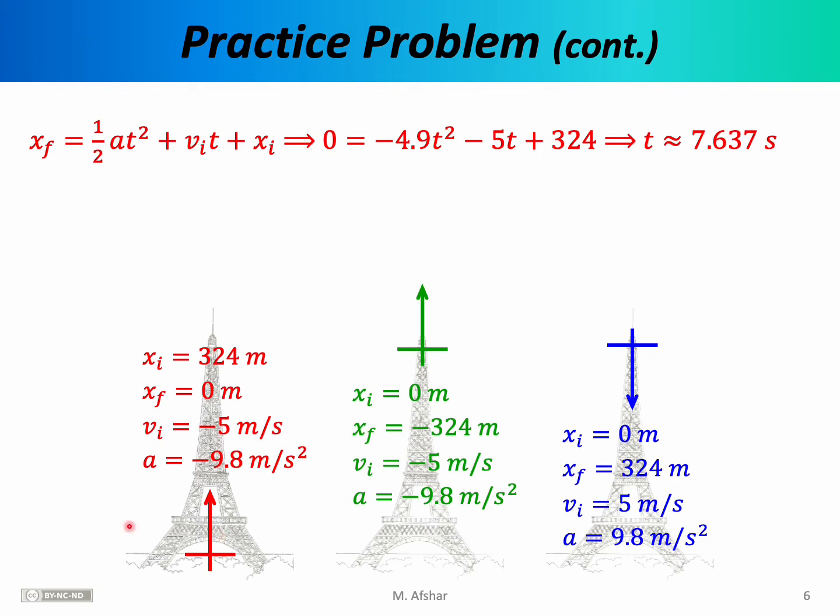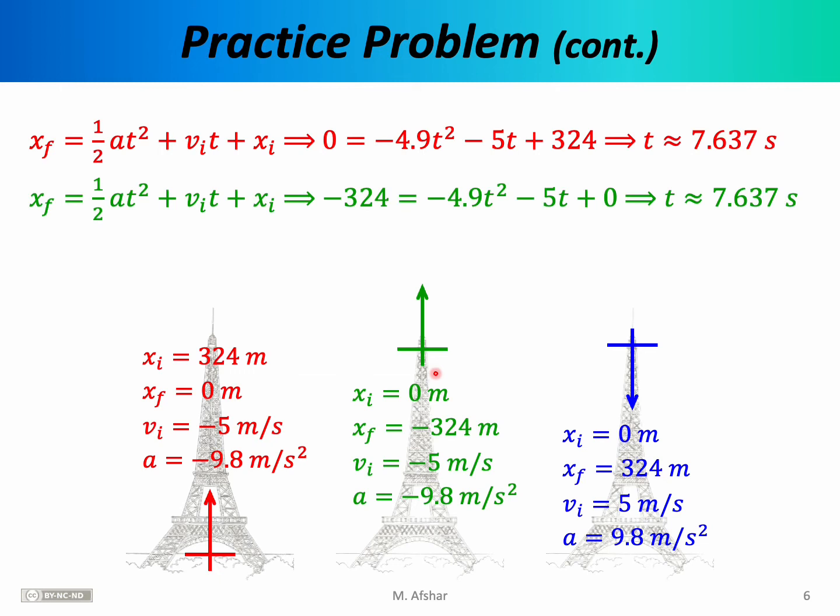Some of you might not like the red coordinate system. You might like the green coordinate system. Well, not a problem. You would start with the same equation, the same kinematic equations. You would just plug in a slightly different set of numbers. X final is now minus 324. X initial is now 0. This is, again, another quadratic equation.